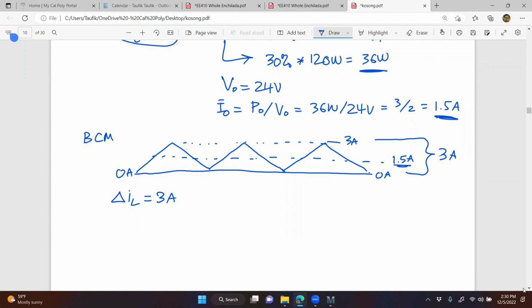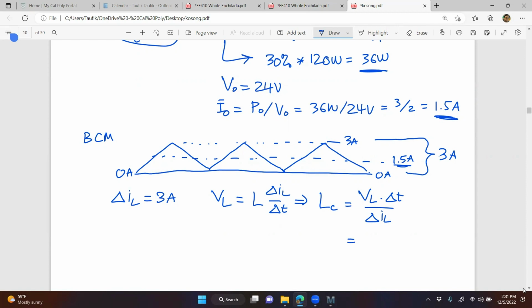I know that VL is equal to L delta IL over delta T. So I'm looking for L, which is equal to LC in this case: VL times delta T over delta IL. What is VL equal to?